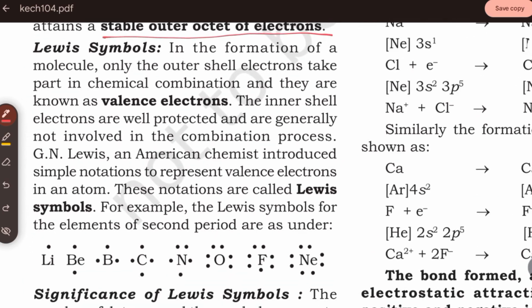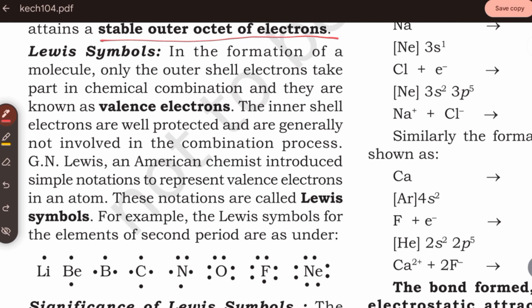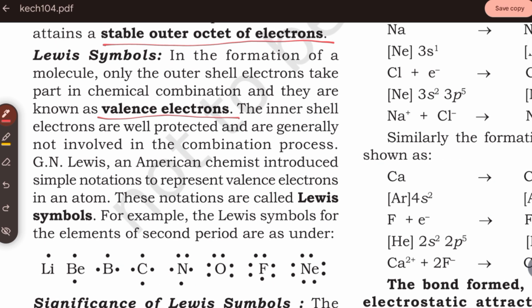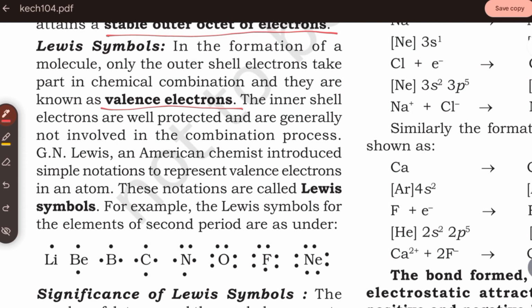Now Lewis symbols means we are taking the atoms of those elements and writing how many valence electrons are there in those elements in order to see what is the nature of the chemical combination of those elements. This is an example of the second period elements.